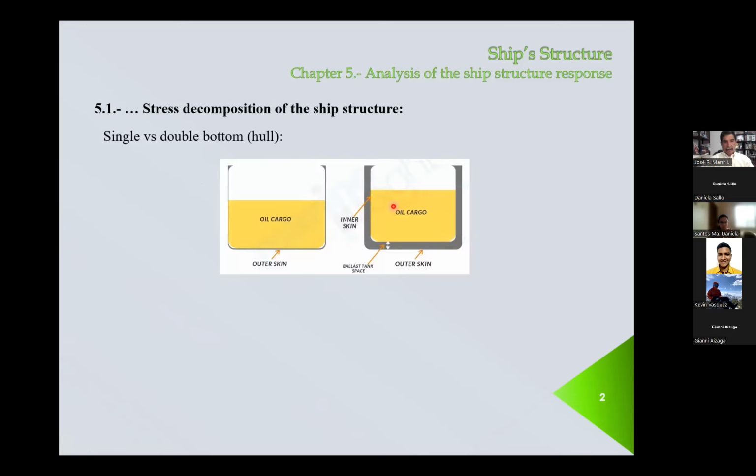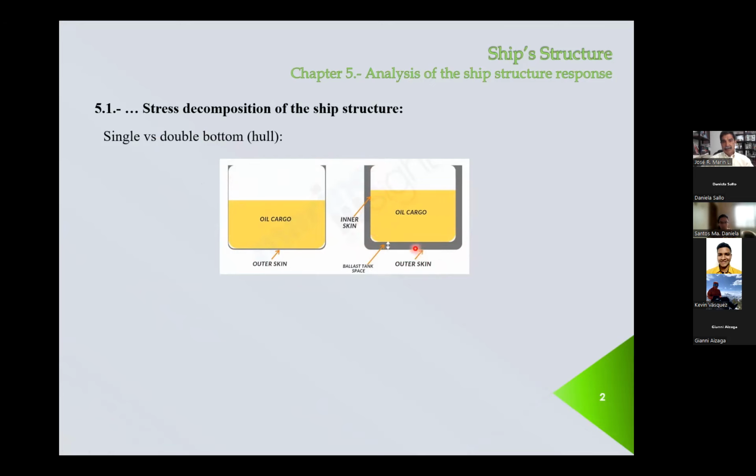This is single hull. That means that you have the plating and you have cargo inside. When you talk about double hull, you see that there is an outside, called the outer skin, and there is also an inner skin.